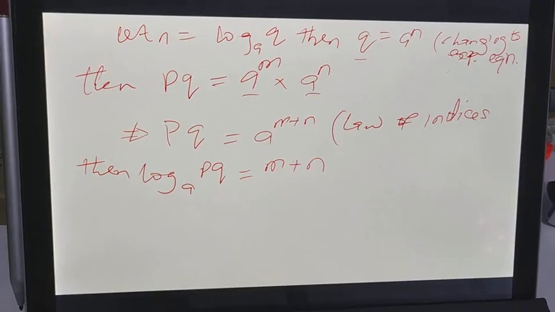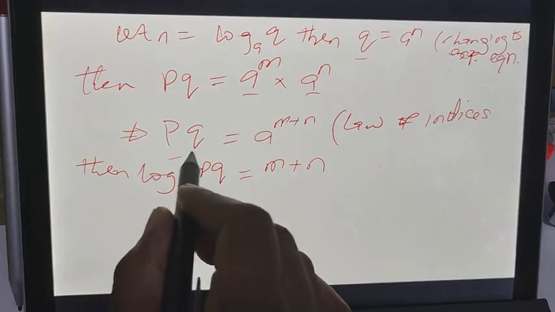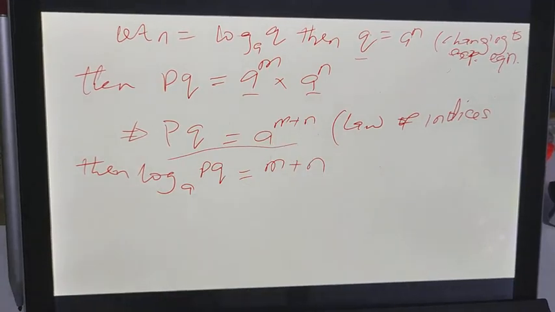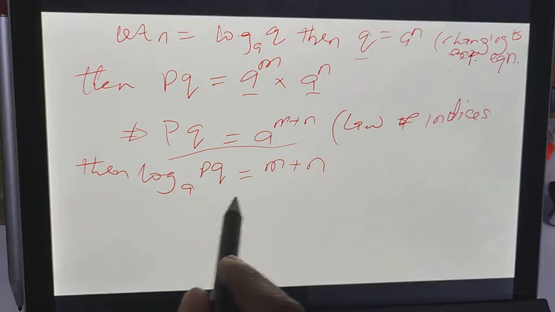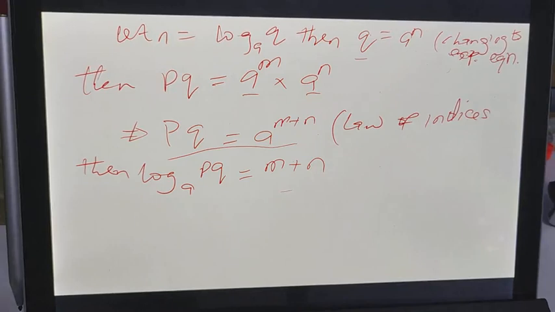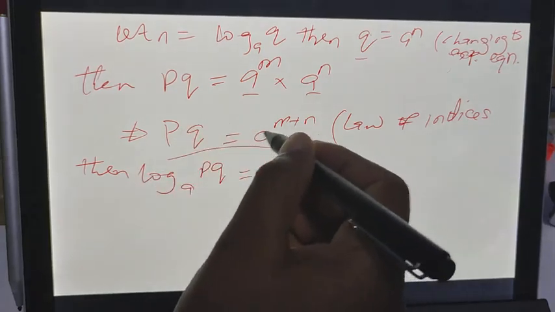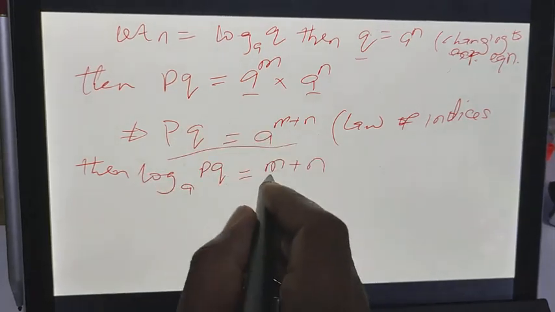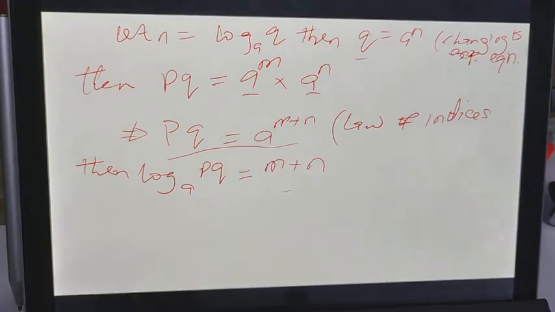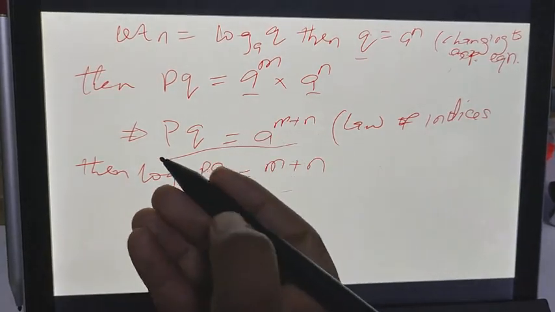Given this exponential equation, if you were to write it as a logarithmic equation, it's just like that. We had already shown that in the previous videos.